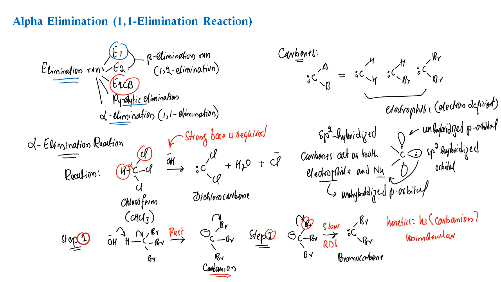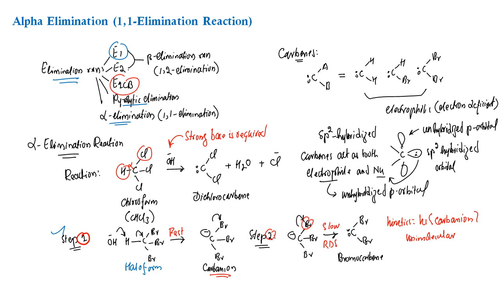As far as alpha elimination is concerned, it is a two-step mechanism. The first step involves the abstraction of protons from the substrate, which is a haloform, and for giving a carbene, the first step is fast. The second step involves the loss of a halogen atom. It is slow and rate-determining in character.